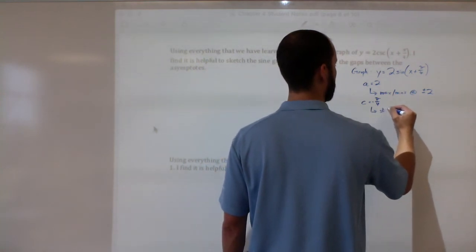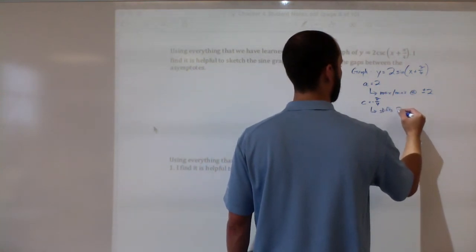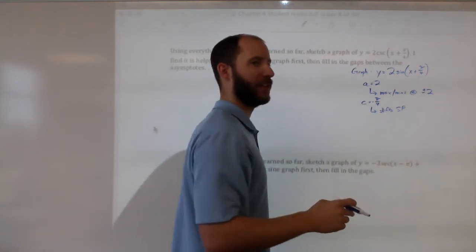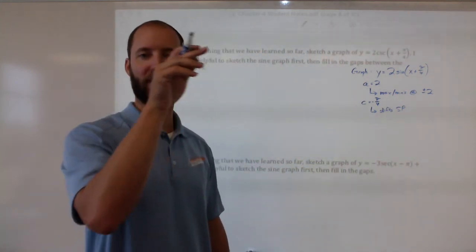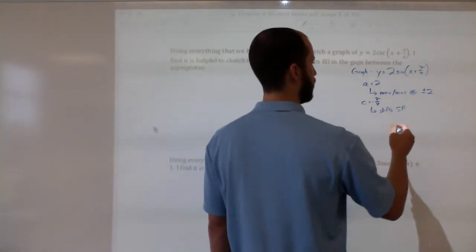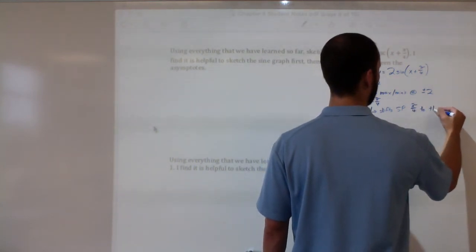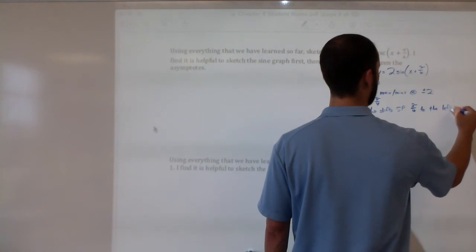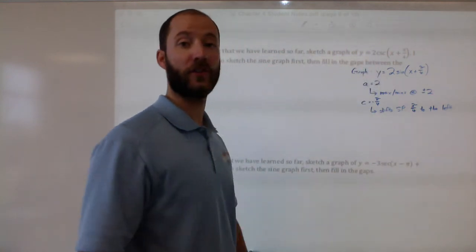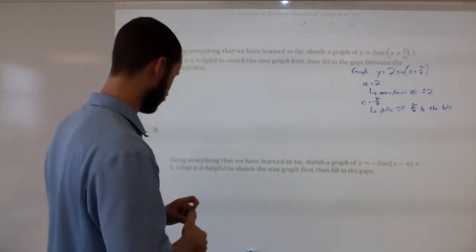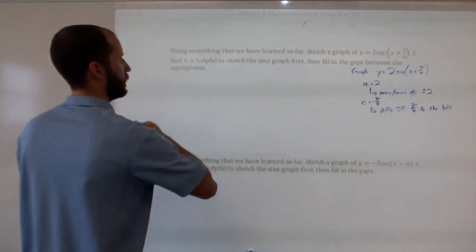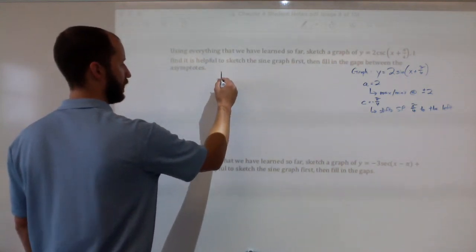That shifts my starting point, because I always start these graphs at a point and then just count by the quarters. That shifts my starting point pi over 4 units to the left. And those are all the transformations that are happening. So let's go ahead and get this graph in here.